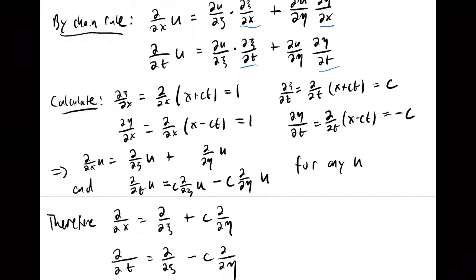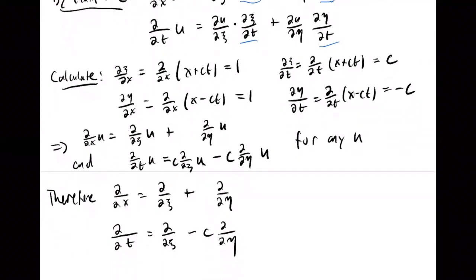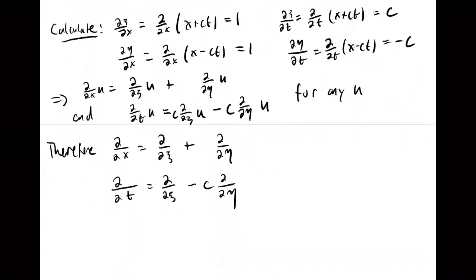So sorry about that. The correct formula is that the derivative with respect to x is the derivative with respect to xi plus the derivative with respect to eta, and the derivative with respect to t is equal to c times the derivative with respect to xi minus c times the derivative with respect to eta. And so these are our formulas.